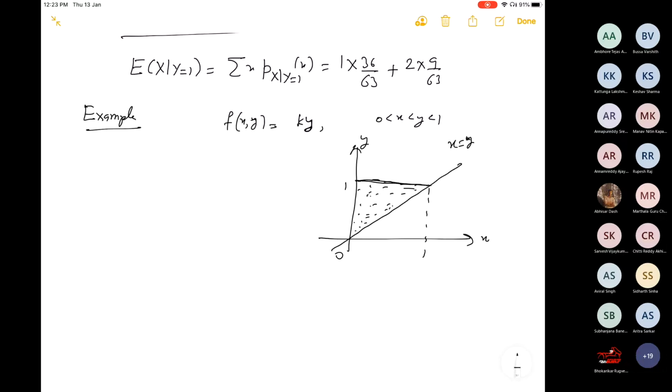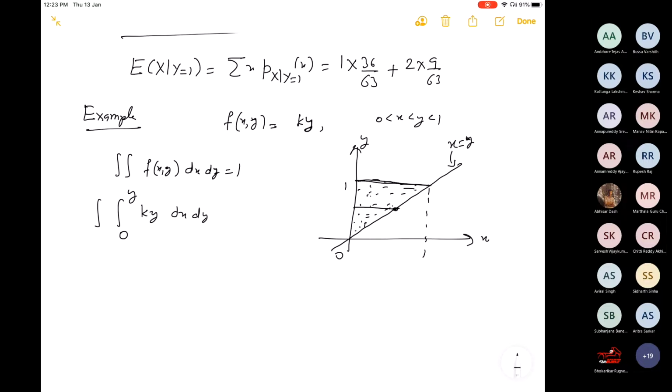Because we know that the double integral of f(x, y) dx dy is 1, this implies the integral of k y dx dy is 1. Here x varies from 0 to y, and to complete this region we should vary y from 0 to 1.